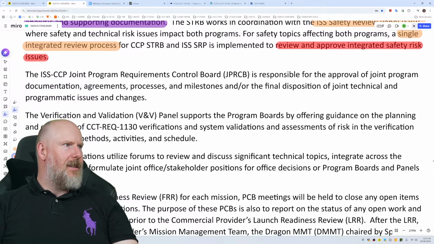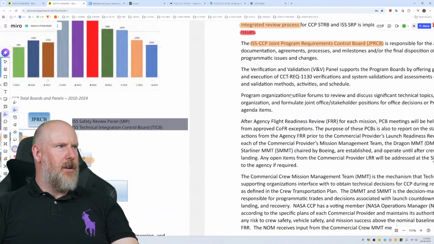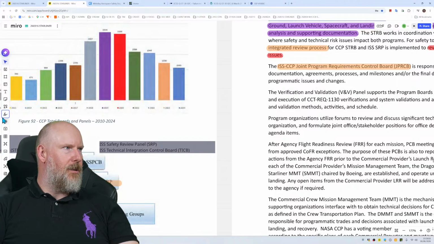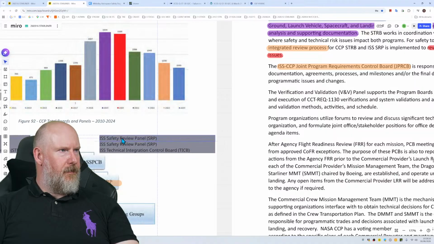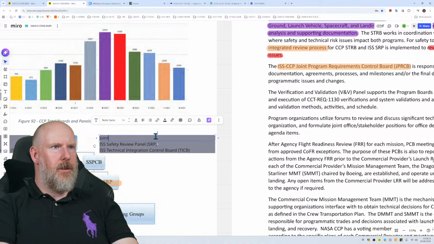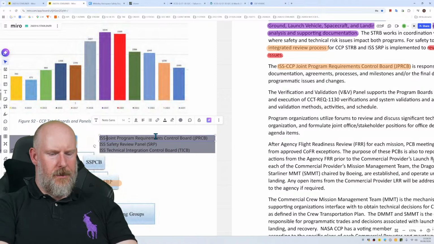The ISS CCP Joint Program Requirements Control Board. That's what JPRCB is. There we go. Joint Program Requirements Control Board, JPRCB, ISS CCP.